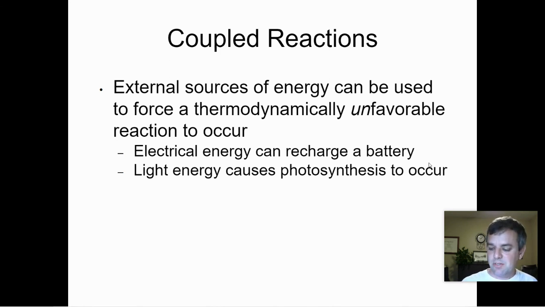It's thermodynamically favorable for the reactions in the battery to happen and produce electricity, but you can use external sources to force that reaction to happen. Or you can use light energy to cause photosynthesis to occur. Or your body uses the conversion of ATP into ADP to drive other unfavorable chemical reactions that keep you alive. So that's coupled reactions.